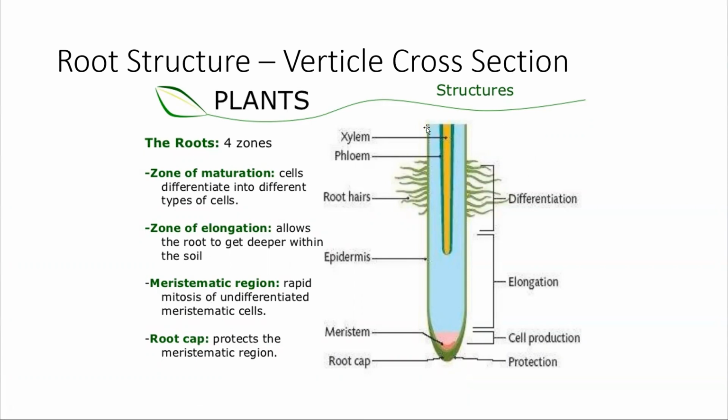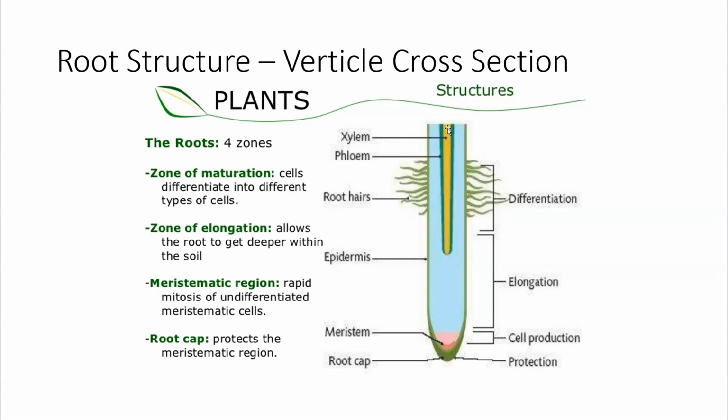So if we start sort of up in the stems, last lecture we finished at stems, right? And now we're going to start going down into the soil. If we go into the zone of maturation, we get into essentially this portion right here.